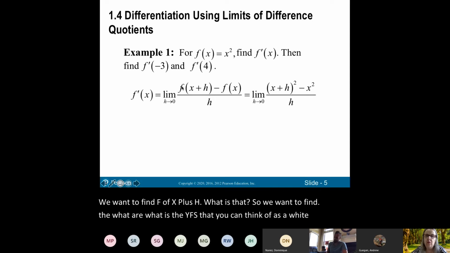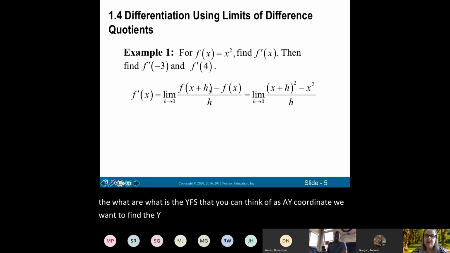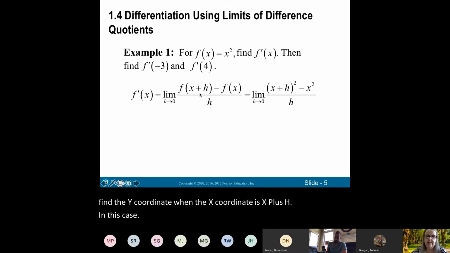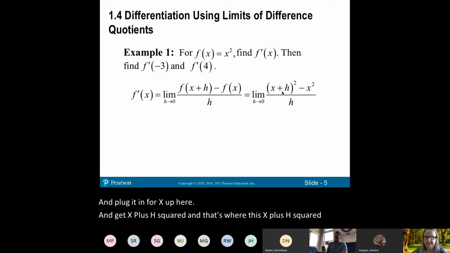We want to find the y coordinate when the x coordinate is x plus h in this case. So I'm going to take this x plus h and plug it in for x up here and get x plus h squared. And that's where this x plus h squared is coming from.